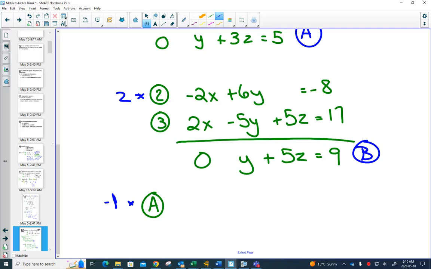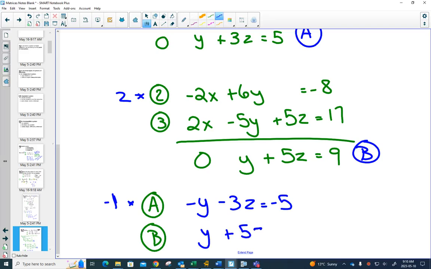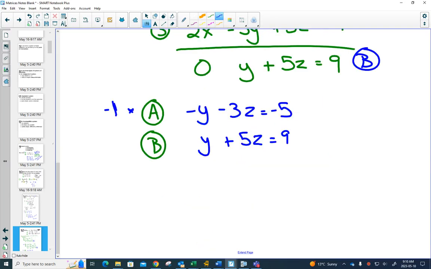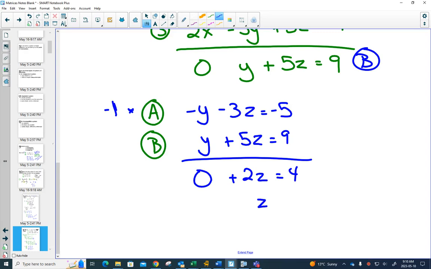And that's perfectly fine. So if I take equation A, which is now negative y minus 3z equals negative 5, and equation B is y plus 5z equals 9, and I add those together, I get 0 plus 2z equals 4, and we've calculated z is 2.